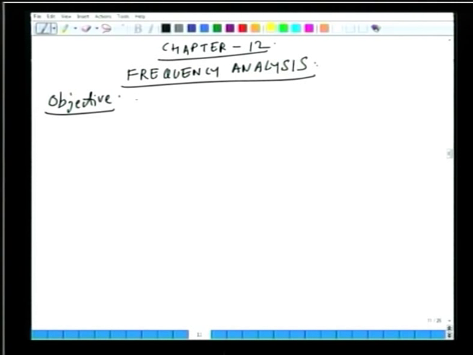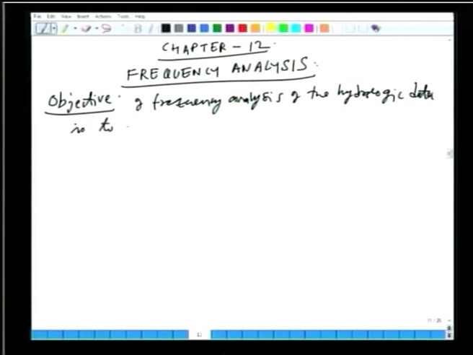If I want to define it here, the objective of frequency analysis of hydrologic data is, as I said, to establish a relationship between the magnitude of extreme events, normally we are more interested in floods and droughts and other extreme events, and their frequency of occurrence.